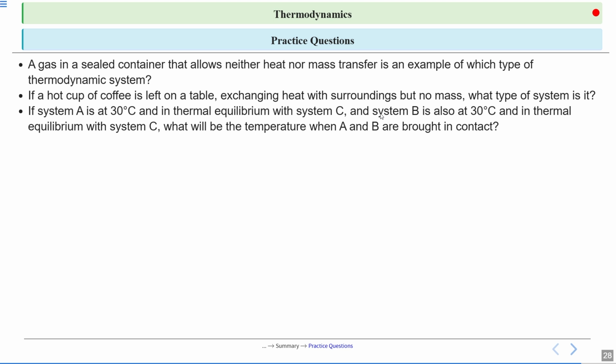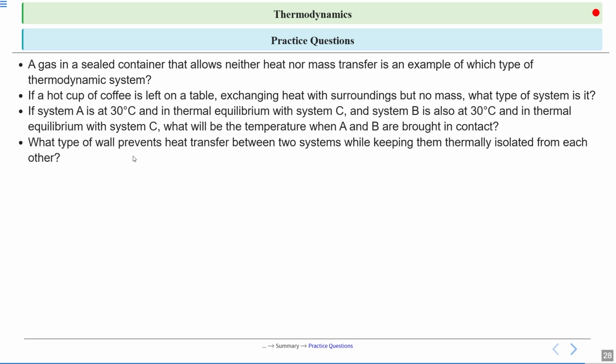All right. So here we will use the concept of the zeroth law of thermodynamics. According to the zeroth law, if system A and system C are in thermal equilibrium, and system B and system C are in thermal equilibrium, then system A and system B will also be in thermal equilibrium. All right.